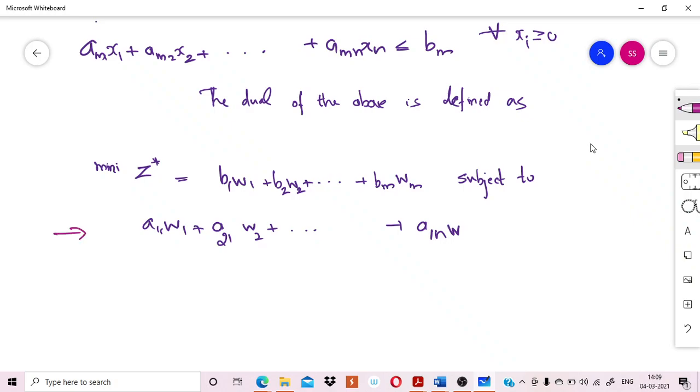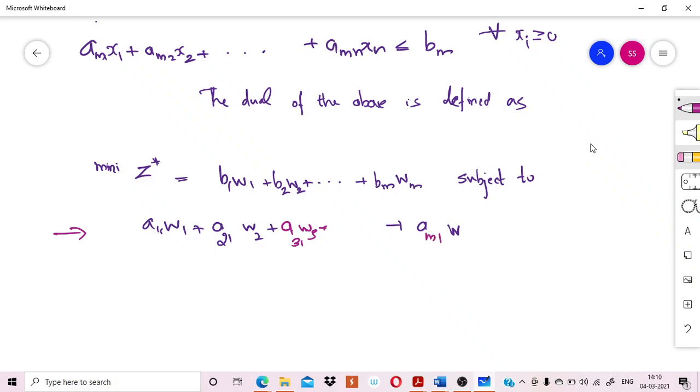So a11 w1 plus a21 w2 plus a31 w3 plus etc., finally am1 wm, since there are m rows.